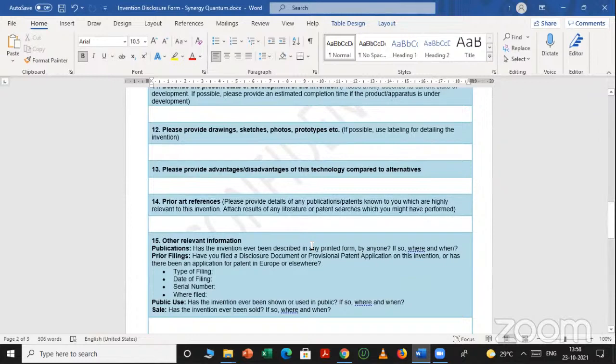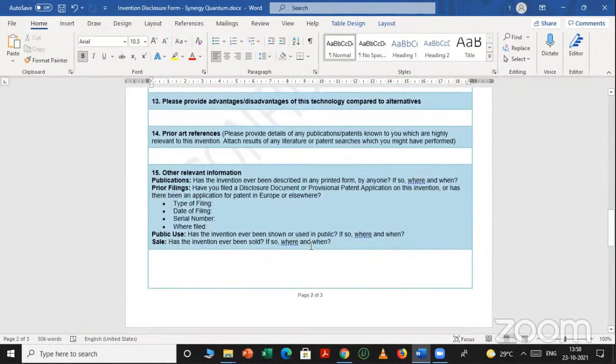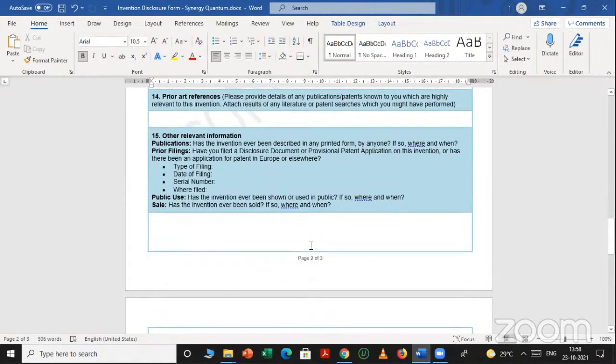Then the 15th point is, if you have some other relevant information, for example, if you have ever published your invention in any form.